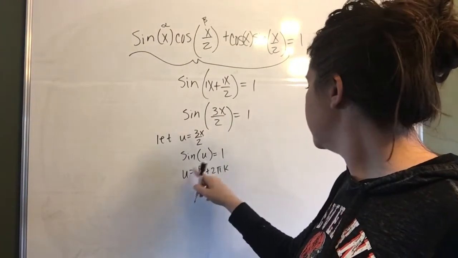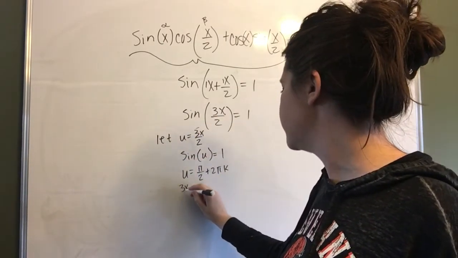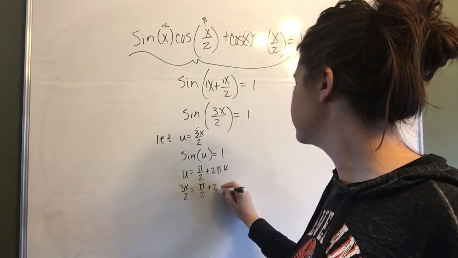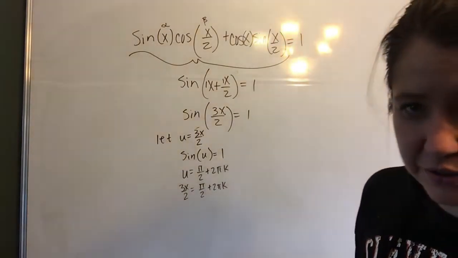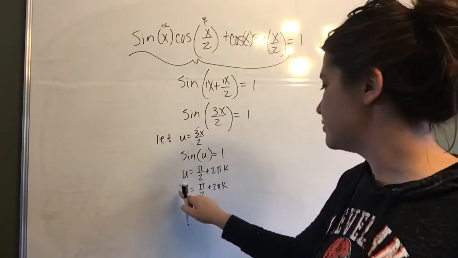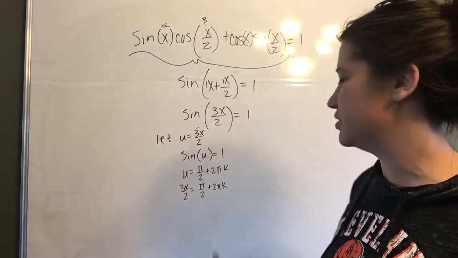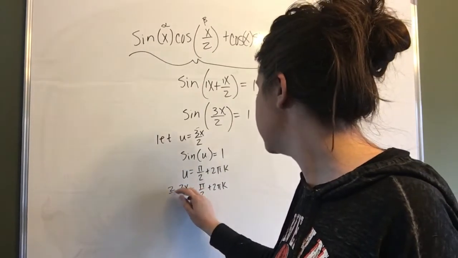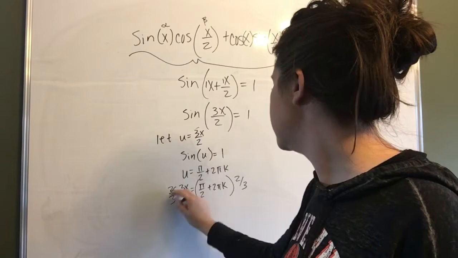And now that we know what u is, we can actually plug back in our 3x over 2, right? That was just a placeholder for 3x over 2. And then at that point, what we need to do is solve for x, right? So we're going to multiply across this entire equation by 2/3, the reciprocal. So multiply by 2/3 over here, multiply this whole entire thing by 2/3.